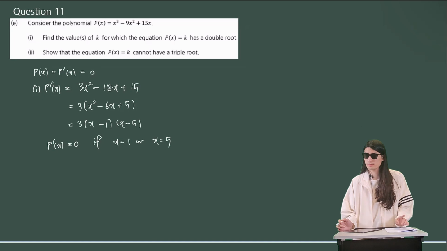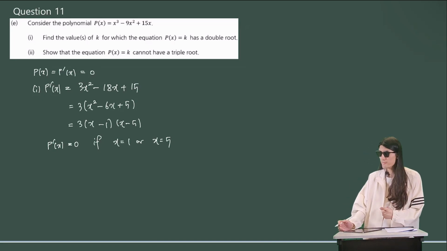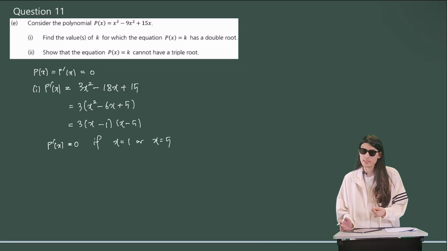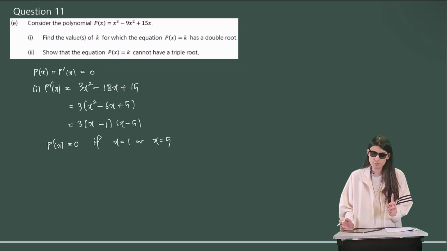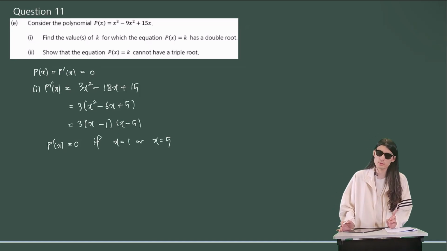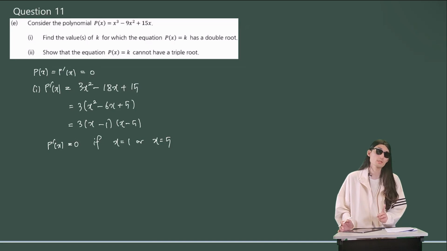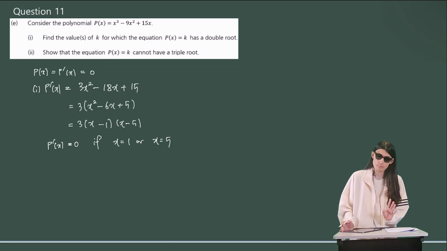And again, multiple root theorem: a double root occurs at the value of x for which p of x and p dash x are equal to 0. And what did we just find? We just found that p dash x is equal to 0 at x equals 1 or 5.